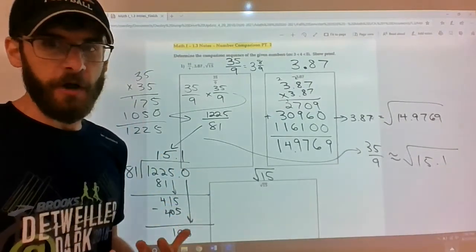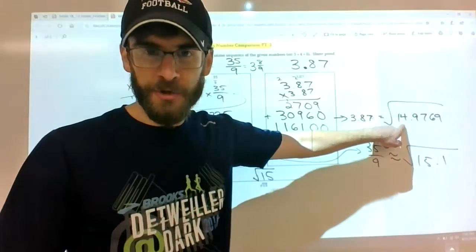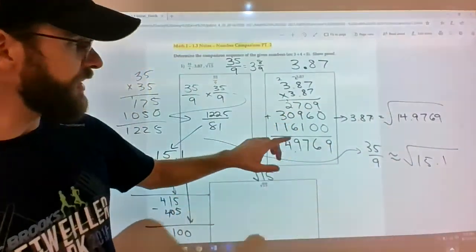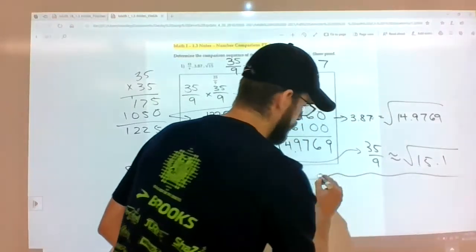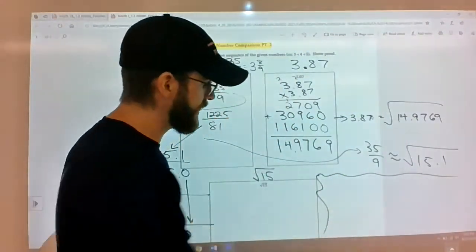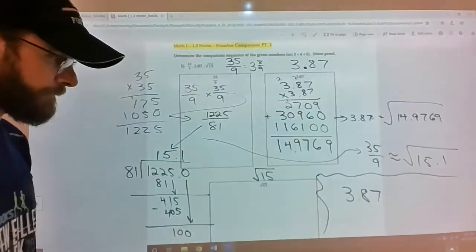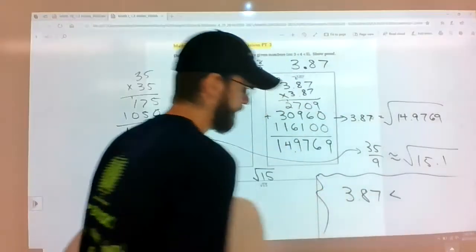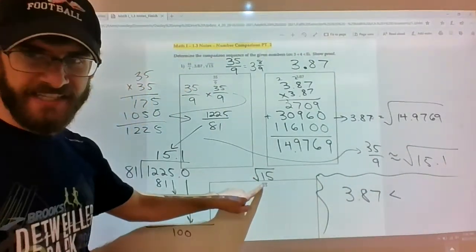So which one's the smallest? Root 14.9769. But we're comparing the original numbers. So you're going to say the smallest number, we'll say this space is for our comparison sequence. The smallest number is 3.87. It is less than the next smallest number, root 15.